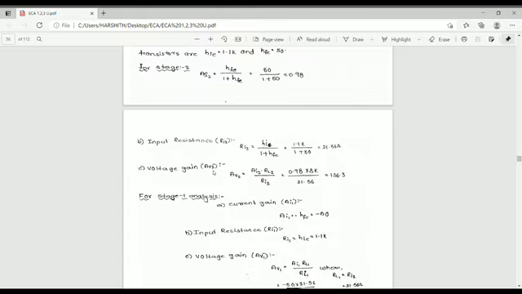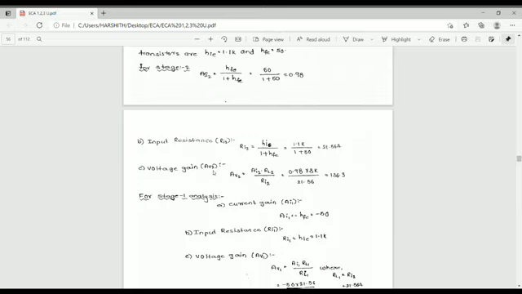The input resistance is HIE, which is 1.1K. The voltage gain AV1 is AI1 times RL1 by RI1, which becomes minus 0.98.